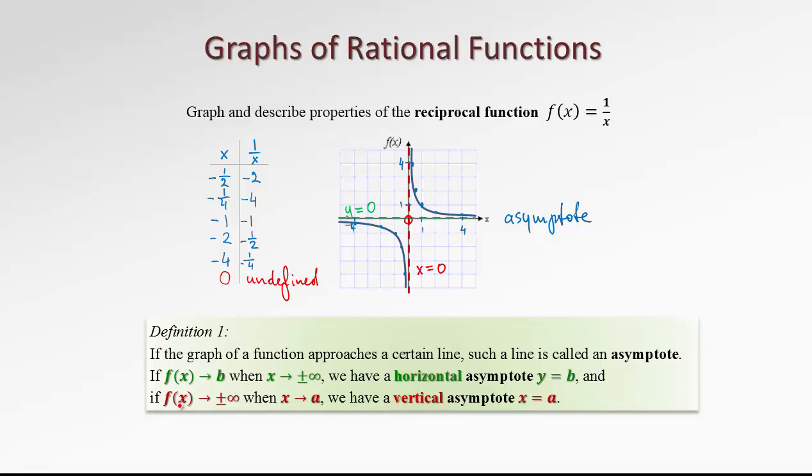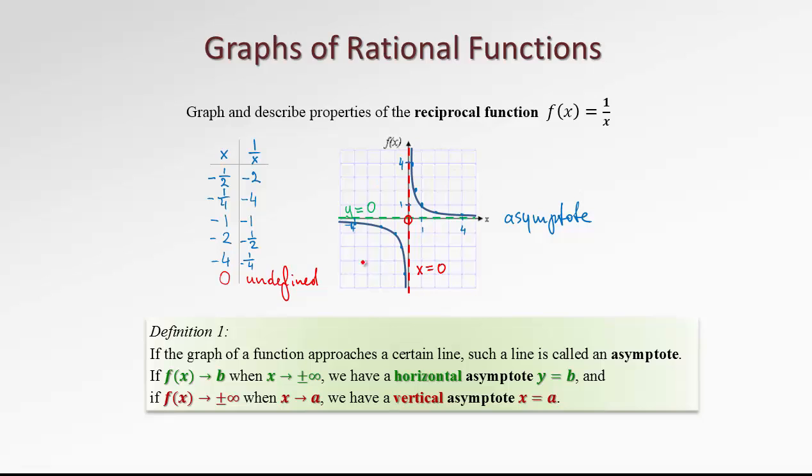Generally, a vertical asymptote happens when the values of a function are growing towards infinity, running away like in this case, or towards negative infinity, as soon as the x values approach a certain constant value a. Again, in this case, our value a is 0. Therefore, the vertical asymptote has the equation x equals a. As you see in our case, that's x equals 0.